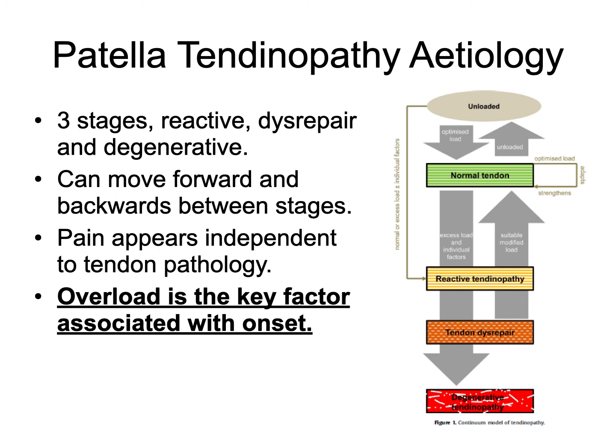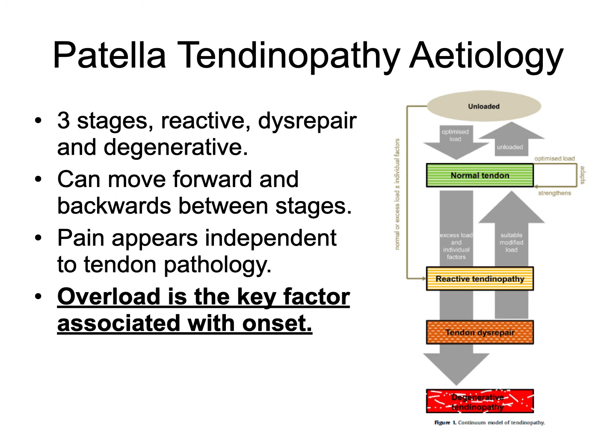There was a study done on basketball players, again in the USA, who were ultrasounded each month during the season, and those with reactive and disrepair of their tendon progressed to degenerative and regressed to normal tendon. So tendons can change throughout the season.